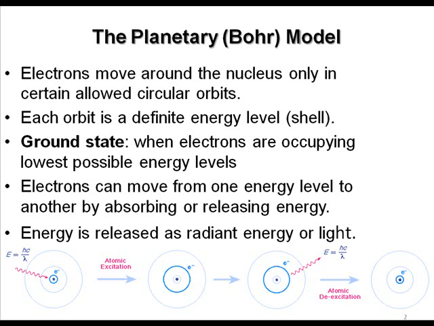The electron jumps to the next shell or energy level, and then the electron falls back to its original ground state, which you can see at the very end there. Here you see that the electron is back to where it was, but by falling back it has emitted a photon or energy packet.